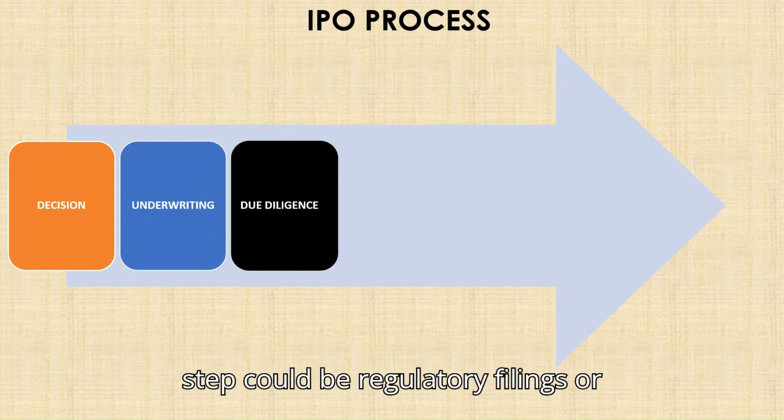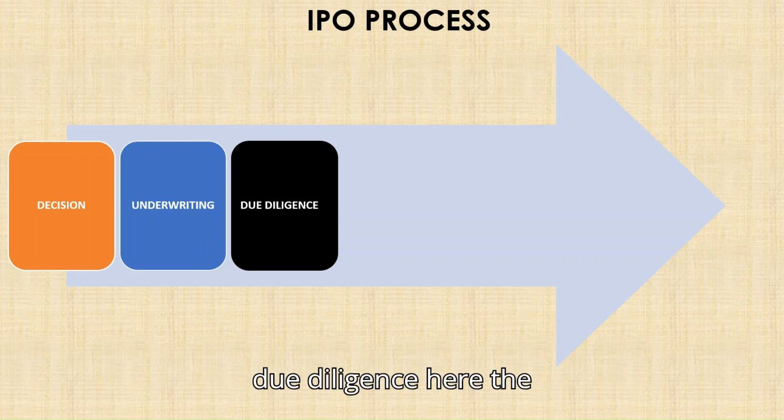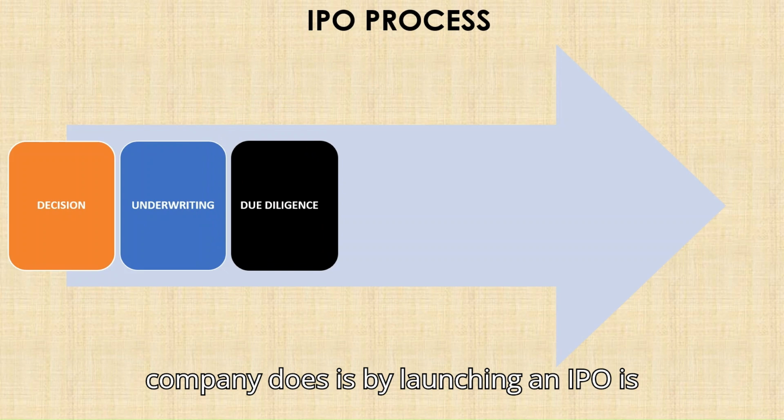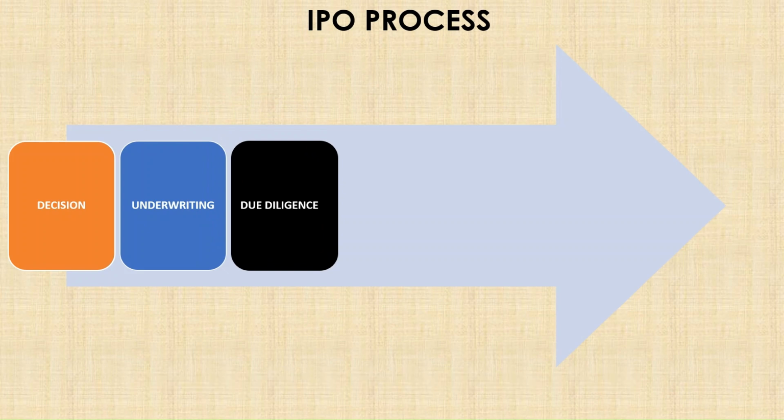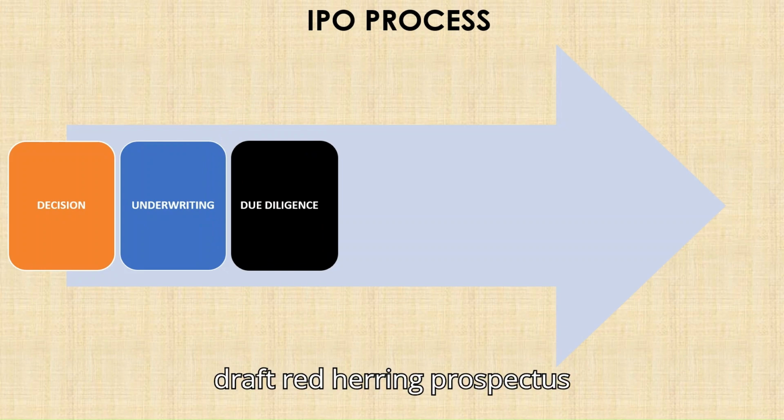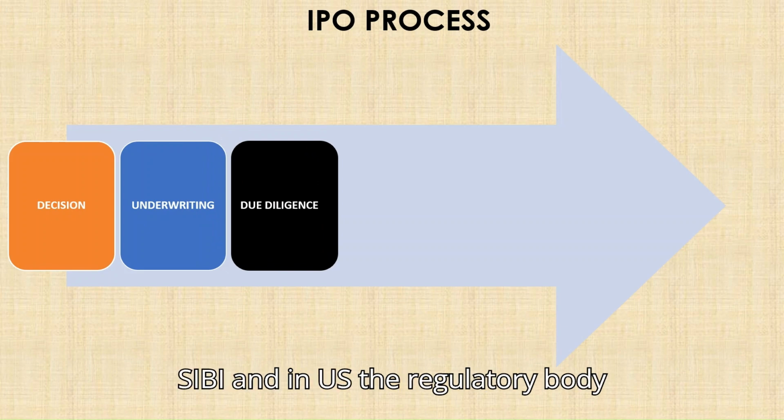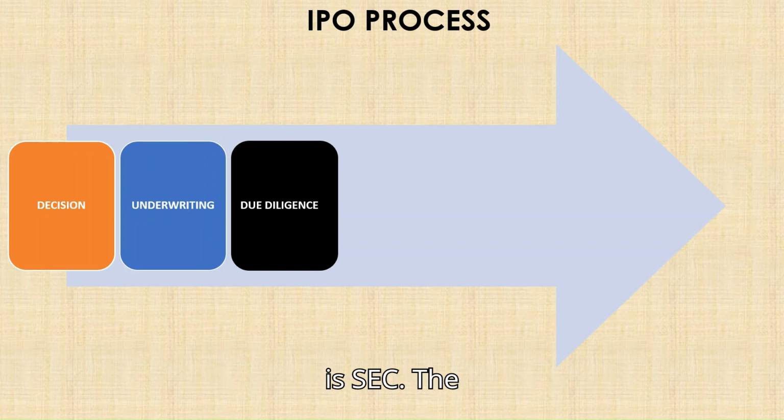So the next step is regulatory filings or due diligence. Here, the major step the company does while launching an IPO is that the company files a DRHP, which means draft red herring prospectus, with the regulatory body. In India, the regulatory body is SEBI, and in the US, the regulatory body is SEC.